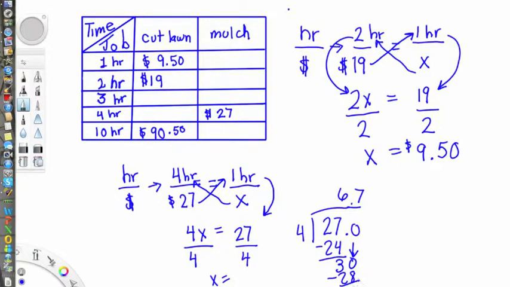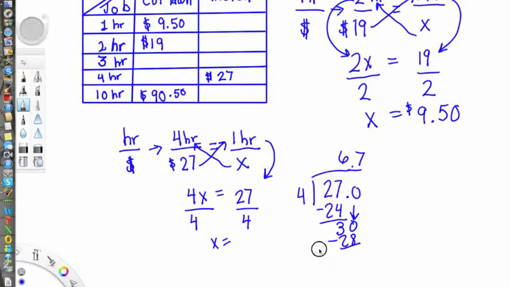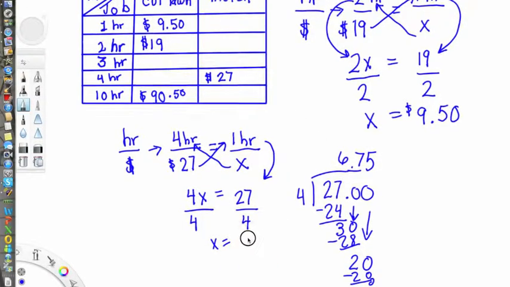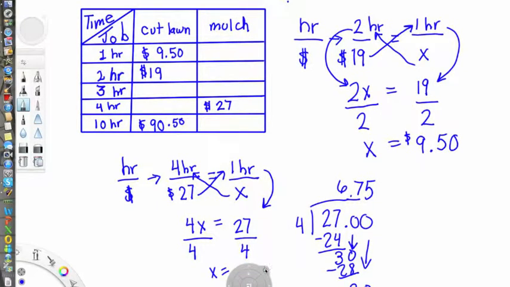We subtract. And we get 2. We bring down another 0. 4 goes into 20 5 times. 5 times 4 is 20. We have no remainder. We're done. $6.75 an hour. So there we have it. There's our answer. X is equal to $6.75.